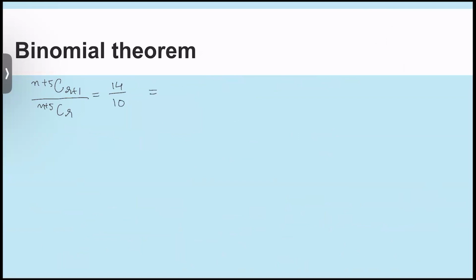Okay, so this can be written in terms of the factorial way. So n plus 5 factorial upon r plus 1 factorial, n plus 5 minus r minus 1 factorial.